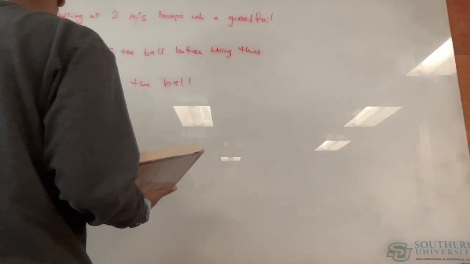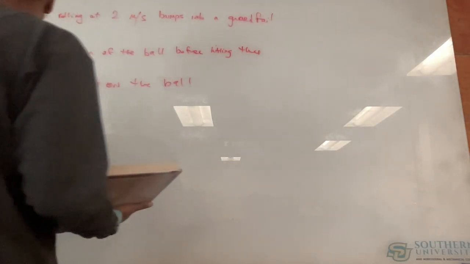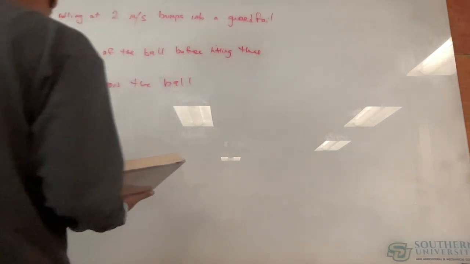And C is how much impulse acts on the guardrail.